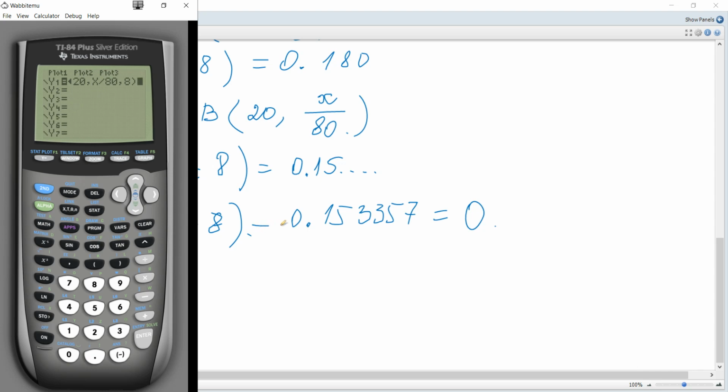And since we consider this equation, it's this probability that y is 8 minus 0.153357, and we can consider the graph, but it will be more useful to consider just the table, and we need the value y to be equal to 0, and we need x, because x is the directly unknown value.